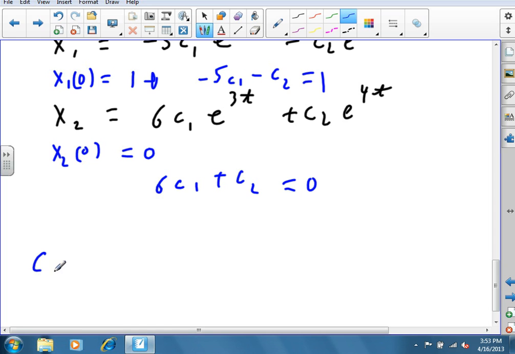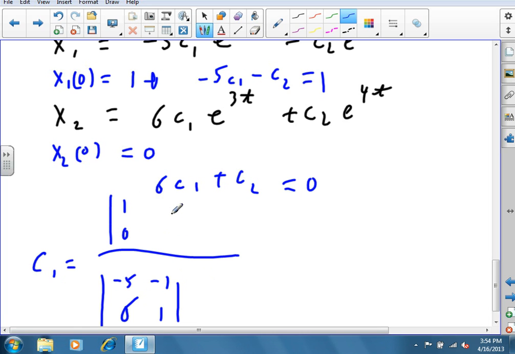And I find that c1 is equal to, okay, so on the bottom I'm going to have minus 5, 6, minus 1, 1. And on the top I'm going to have 1, 0, and I'm going to have minus 1, 1.